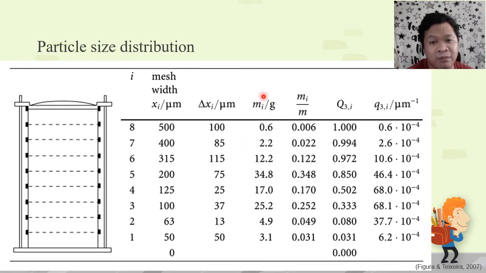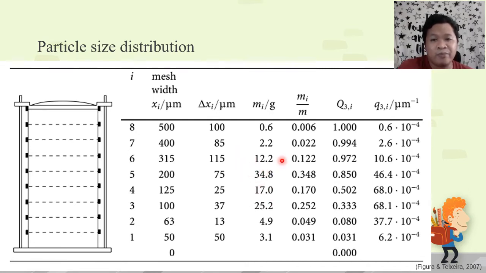This would be the mass fraction nung hindi lumusot sa sieve na yon. So for the first, tama, yung hindi lumusot, no? So 0.6 grams for the first one, 2.2, and so on. This would be for a total of around 100 grams of sample.